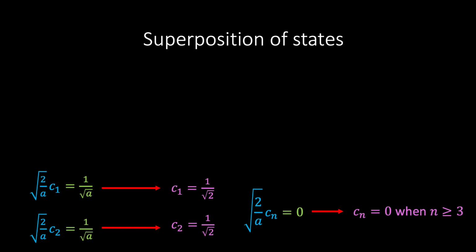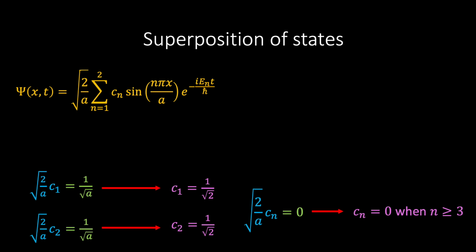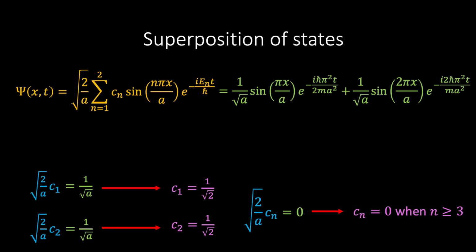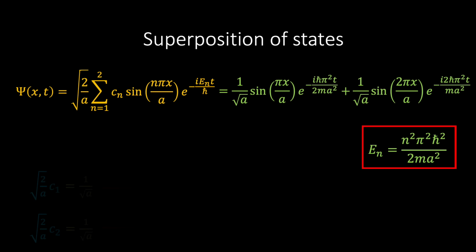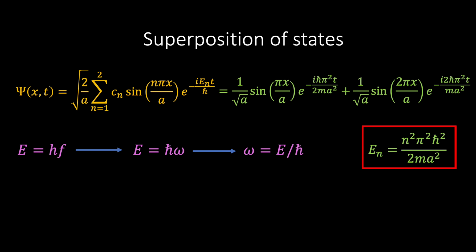And now that we've determined the coefficients, we can substitute these into our general wave function, and we find the following green expression, where we've also substituted the values for E1 and E2 using the energy equation that we derived earlier. Next, we recall from the Einstein-de Broglie relation that the frequency is related to the energy by the equation E equals hf, and therefore it follows that the angular frequency is related to the energy via the equation omega equals E over h bar.